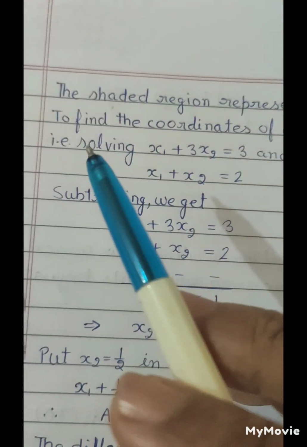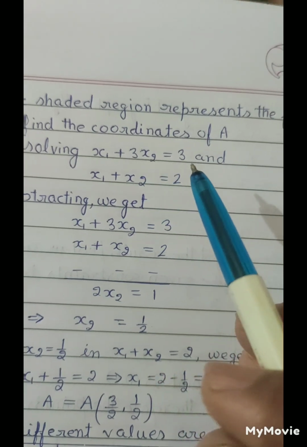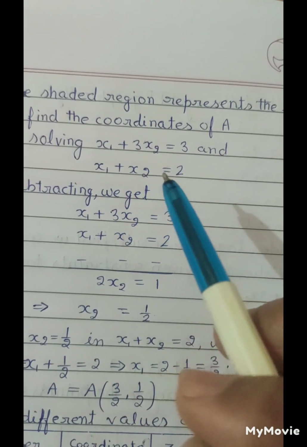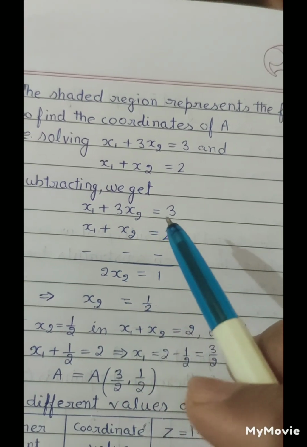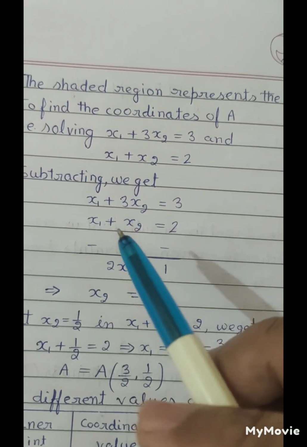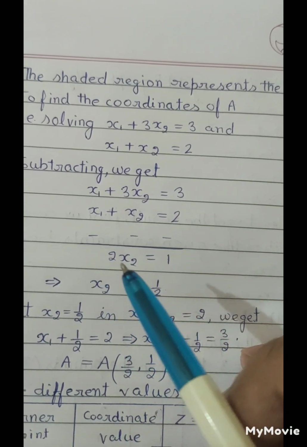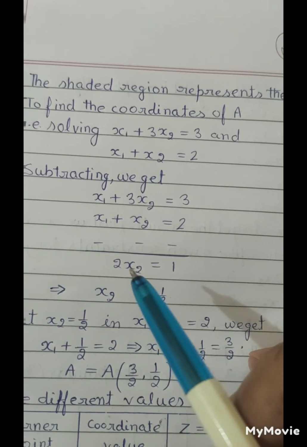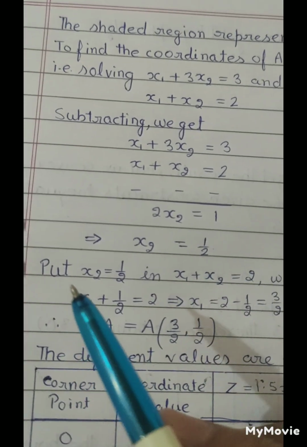To find the coordinates of A, we solve x1 plus 3x2 equals 3 and x1 plus x2 equals 2. Subtracting, we get 2x2 equals 1, which implies x2 equals 1/2.